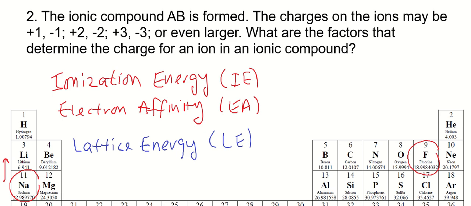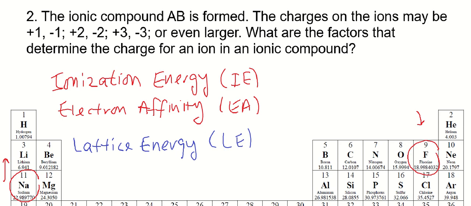And fluorine actually would like to gain an electron. That's electron affinity. It has a relatively high nuclear charge, and gaining one will get that full sublevel. So that is energetically favorable. We want down arrows on an energy diagram.